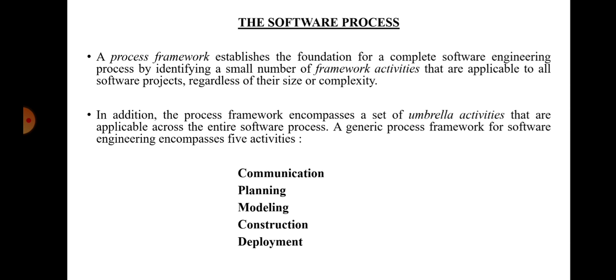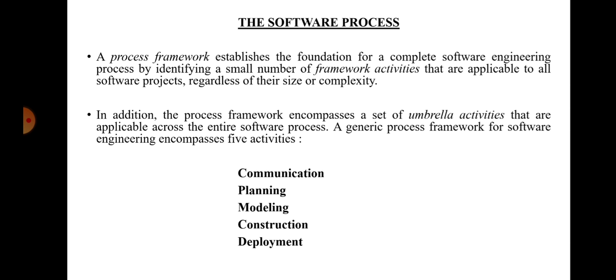The main 5 framework activities in software process are: first one is communication, then planning, modeling, construction, and the last one is deployment. Communication is mainly used to interact with the customer to obtain the requirements for a particular software product. Next we have to plan according to the requirements of the customer.